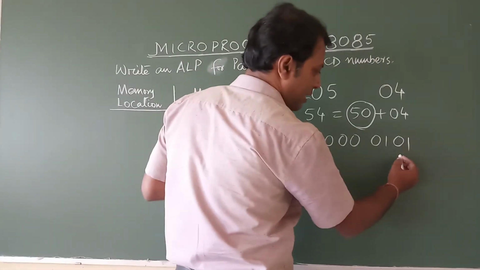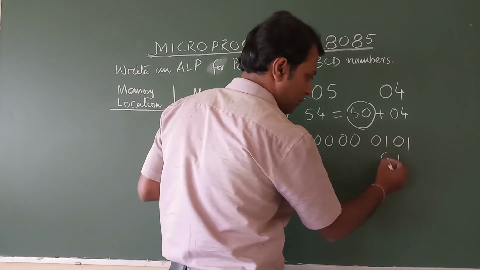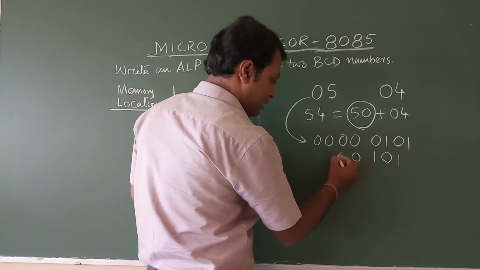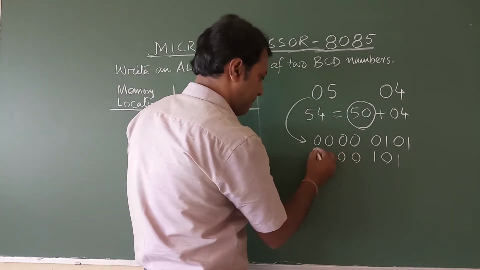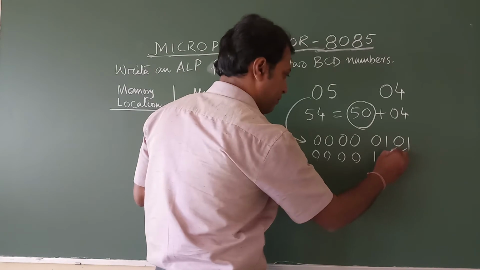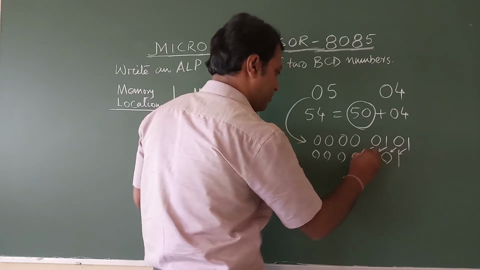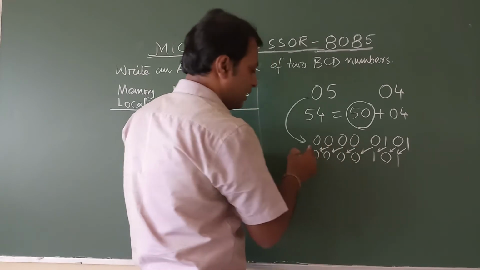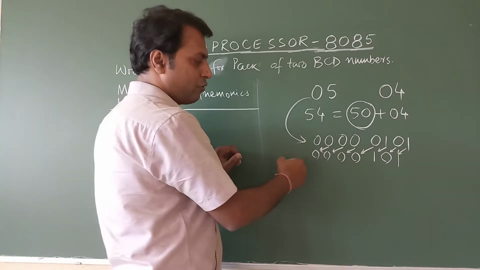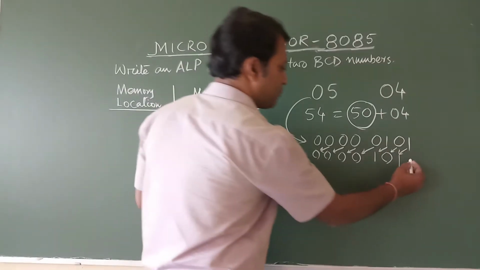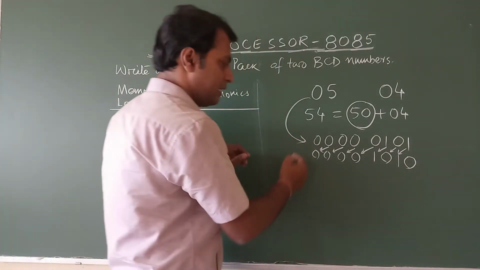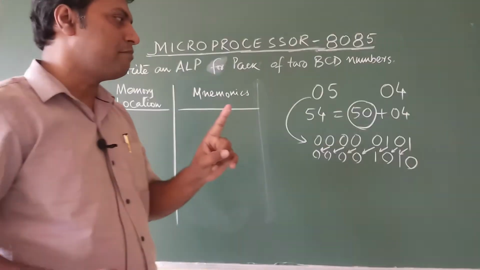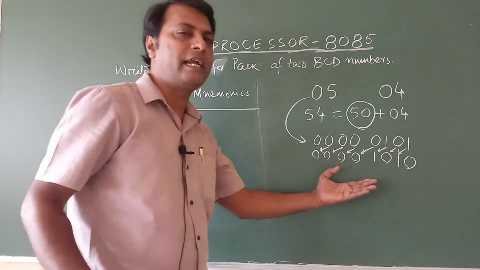So this 1 comes to this position, this 0 comes to this position, every bit shifts left by one position. Then this 0, there is no vacant position, so this 0 comes to this position. So if we use RLC one time, then we will get this one.